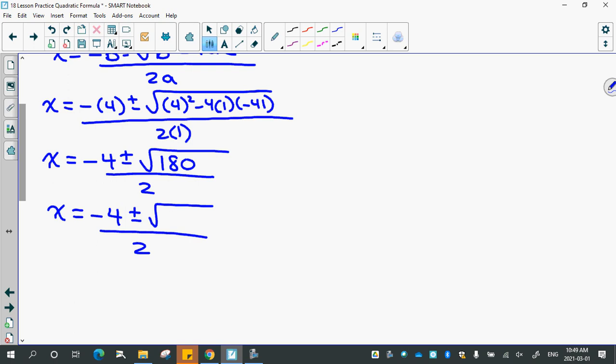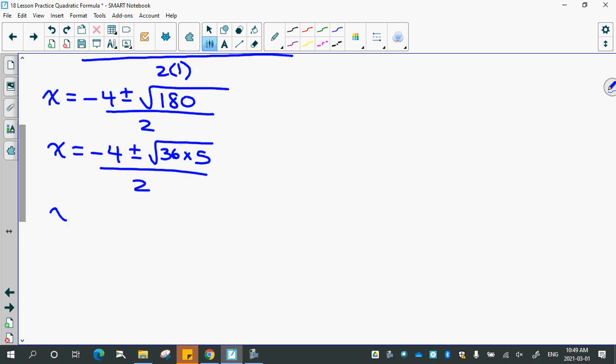So 36 is the biggest one. So I'm going to change this here to 36 times 5. Then my next line down, I'm going to change this to 6 root 5 over 2.